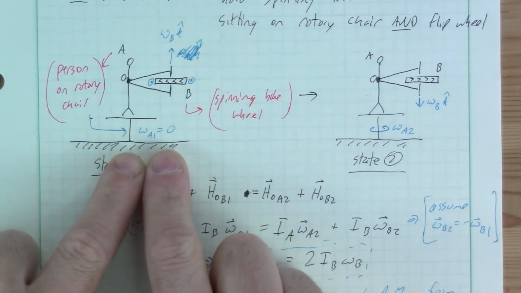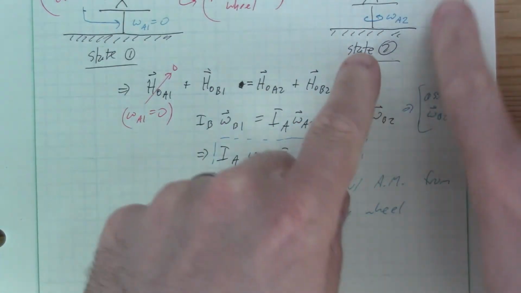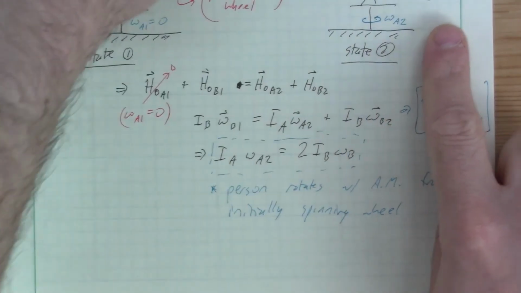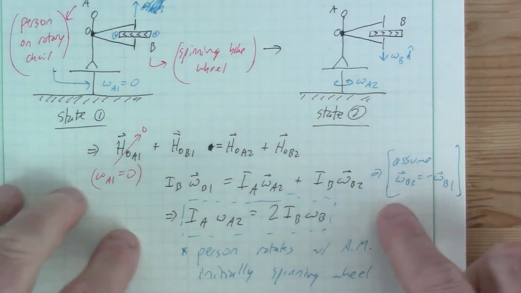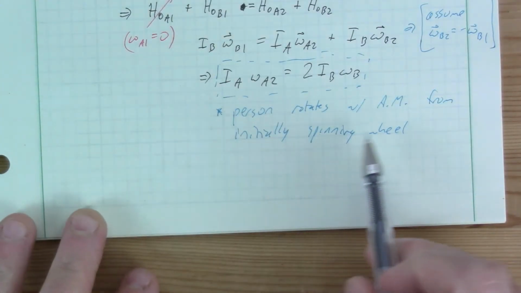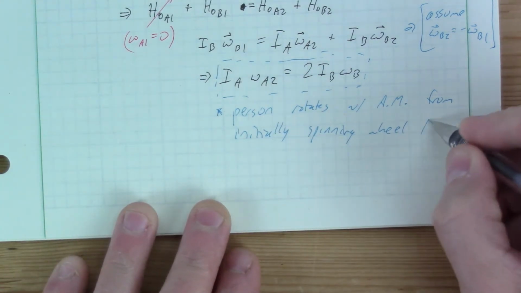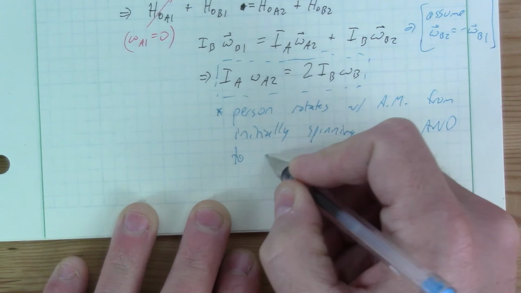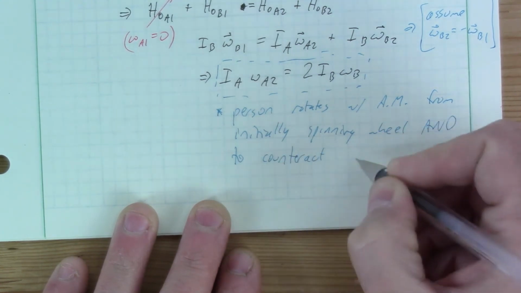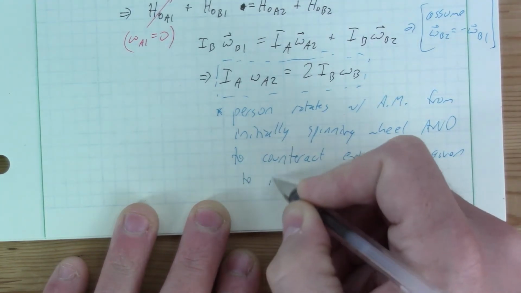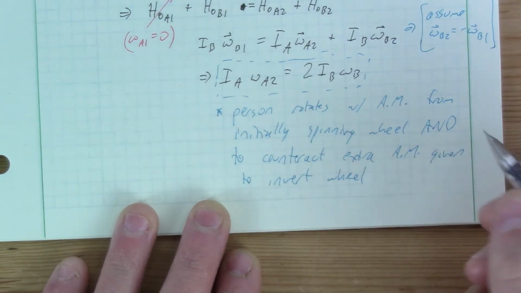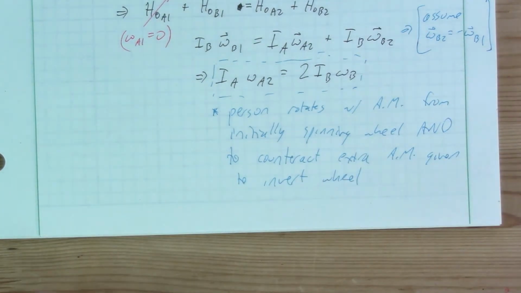That now goes into this rotation, but that would only be 1 IB omega B, and then getting all the way to horizontal, but in the other orientation, now we have a negative angular momentum that must be balanced by another one of those terms here into the rotation of A. So the person rotates with angular momentum from the initial spinning wheel, and to counteract or cancel the extra angular momentum given to invert the wheel and give it that negative angular momentum as we've drawn it, okay?